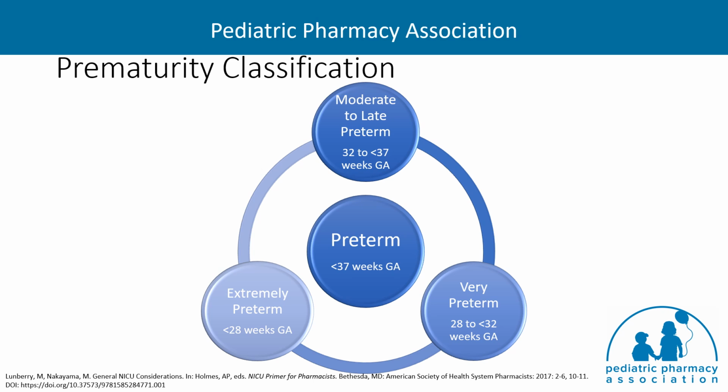Moderate to late preterms will be those born between 32 to less than 37 weeks gestation. Very preterm are those between 28 to less than 32 weeks gestation, while our youngest patients, born at less than 28 weeks gestational age, will be classified as extremely preterm.